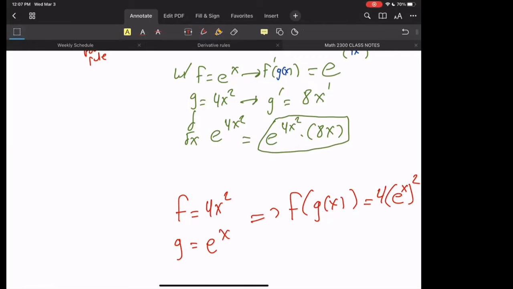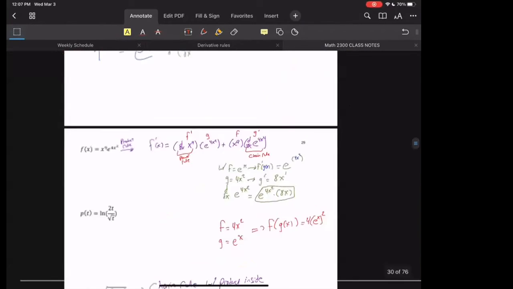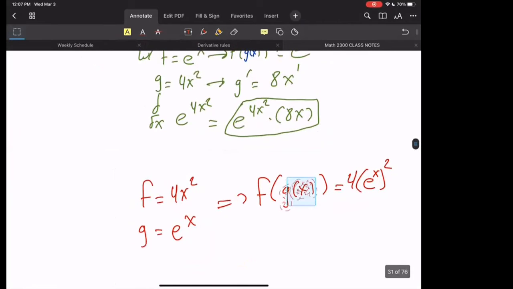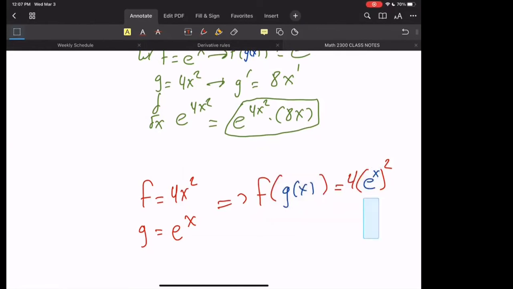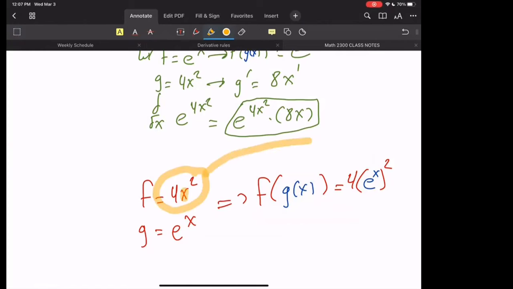Let me color code it real quick here. Let's make it blue. When I'm looking at the outside function, in this case f, if I was going to plug something into that, you remove the x part. So this over here, without the e, is the function f without the x in it.